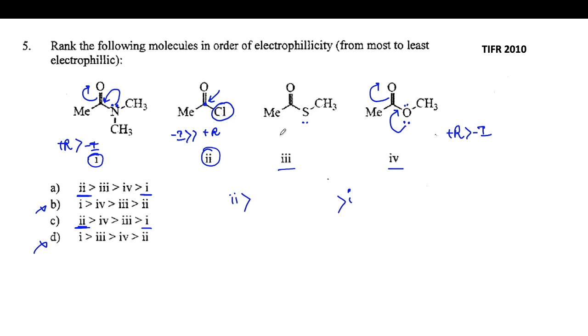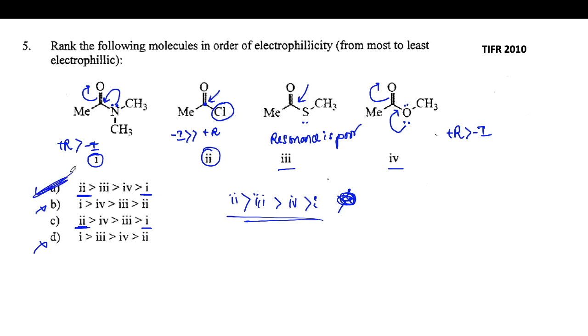The same should have gone over here, but the resonance is poor over here. So this is going to be more electron deficient. So 2 is the most electron deficient, then comes 3, then comes 4, which is still doing some resonance, and finally comes 1. Alright, so this is your correct answer, option number A.